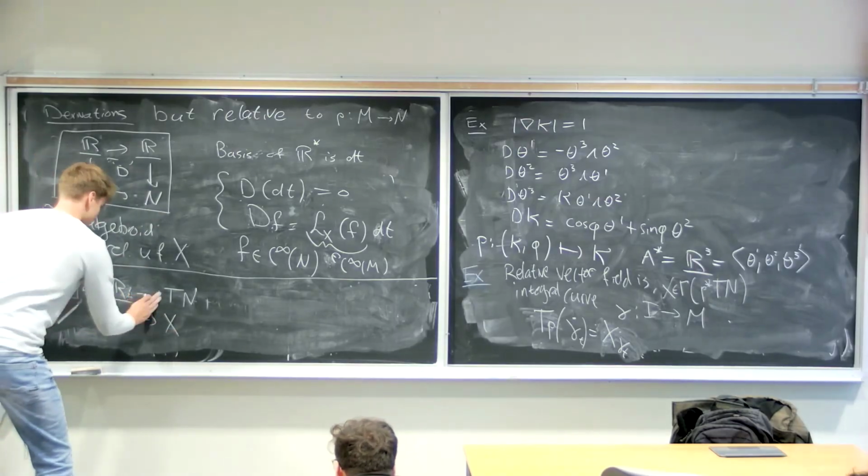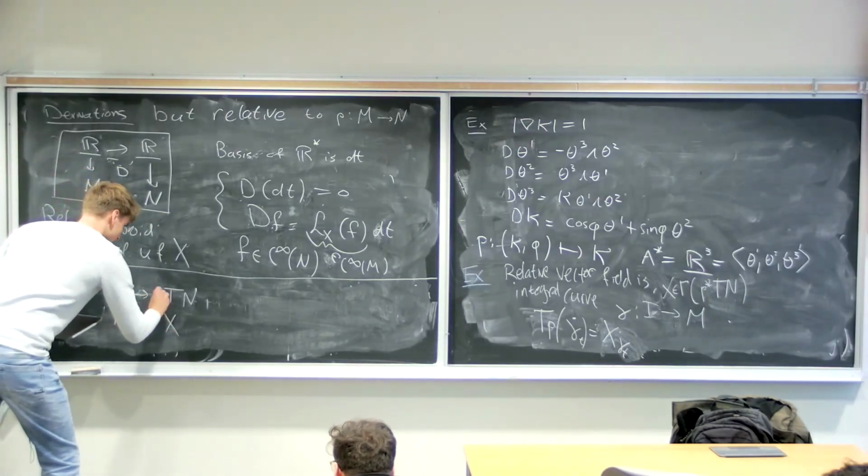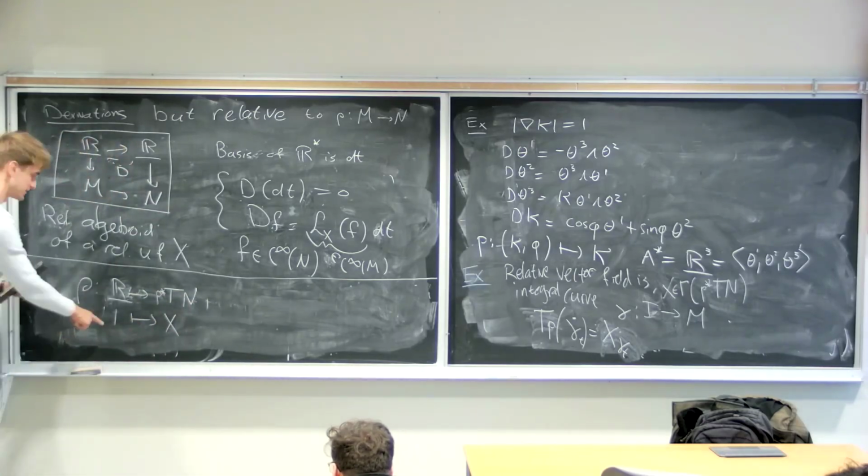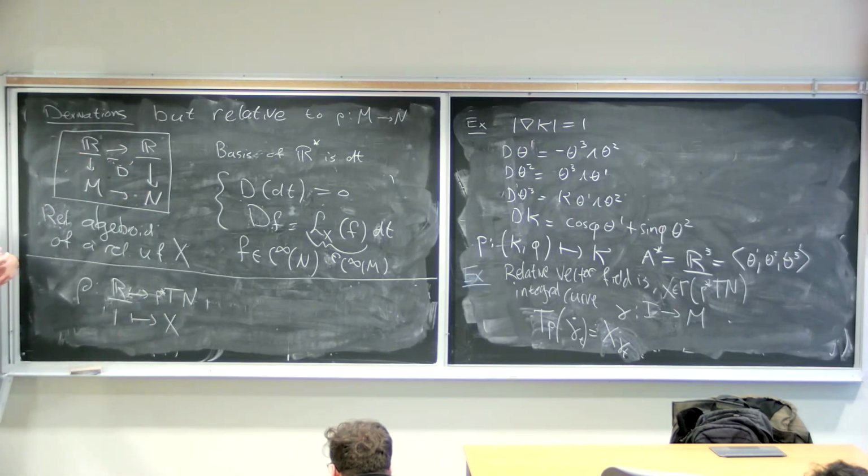And the relative anchor goes to the pullback of TN, and it sends 1 to the relative vector field x. That's the anchor. Okay, so in general, for relative algebroids, we should expect the anchor to be in the pullback of the tangent bundle via a submersion. Yes. Interesting.